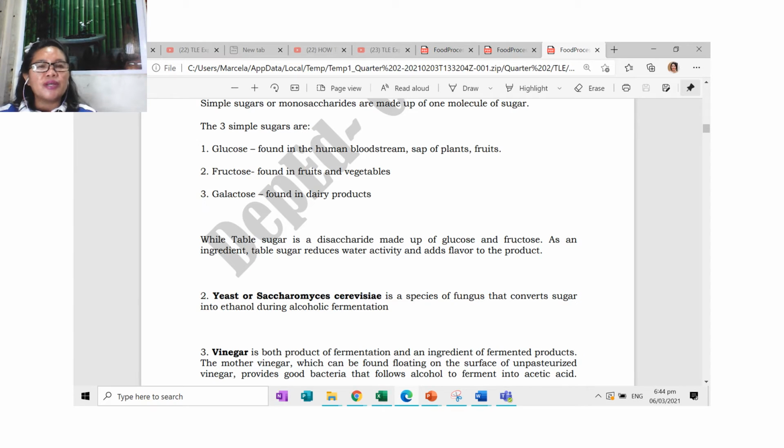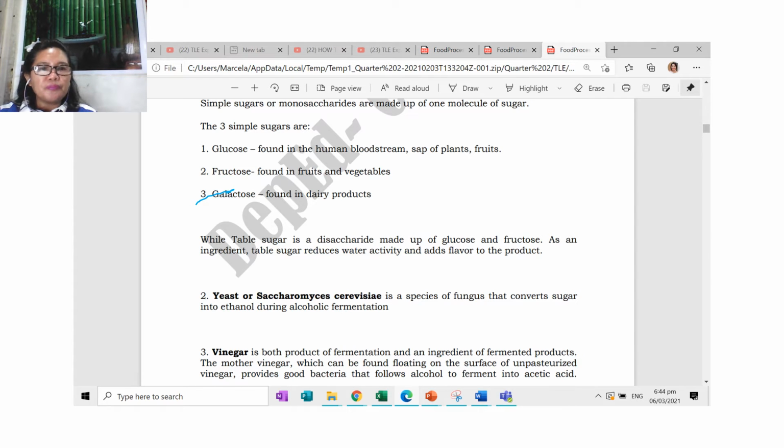Glucose is found in the human bloodstream, sap of plants, and fruits. Fructose is found in fruits and vegetables. And number three, galactose is found in dairy products.